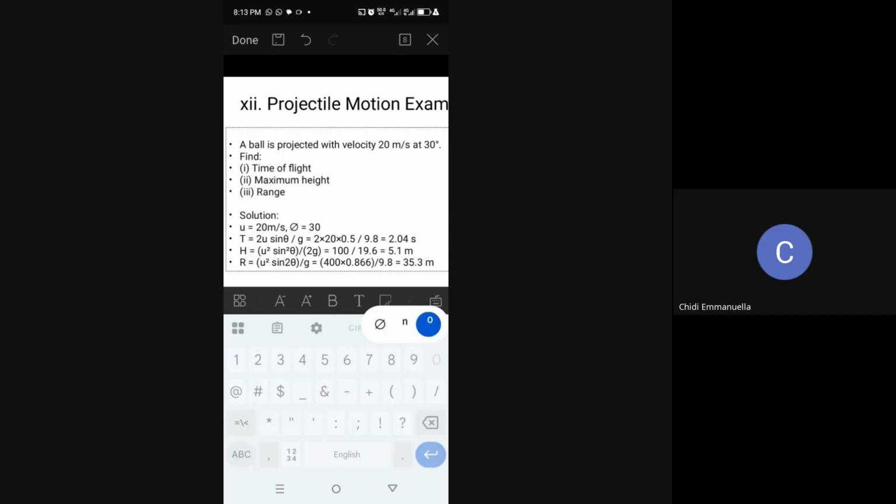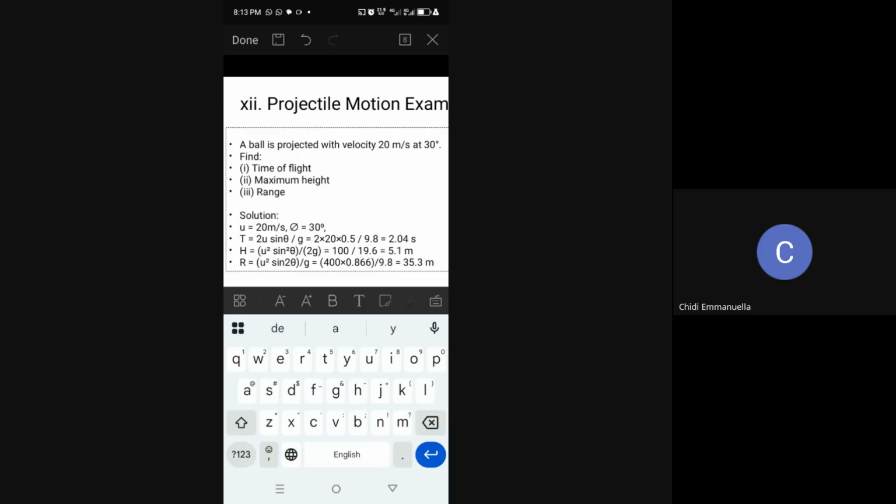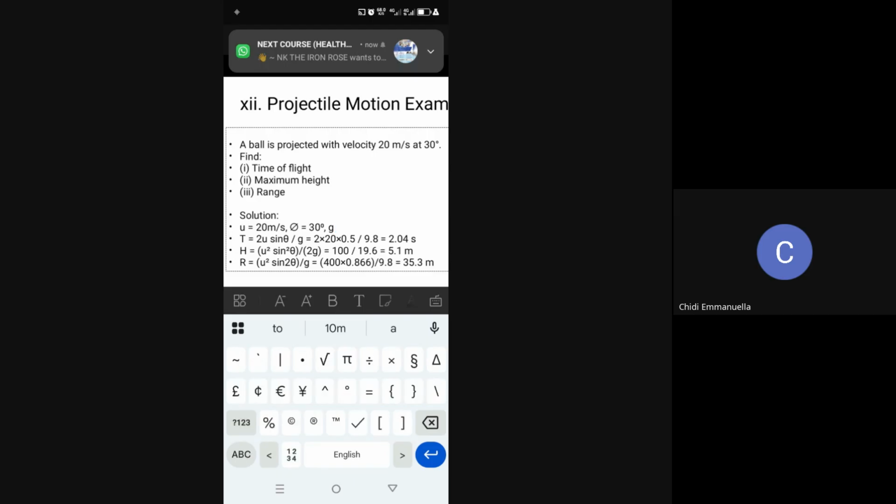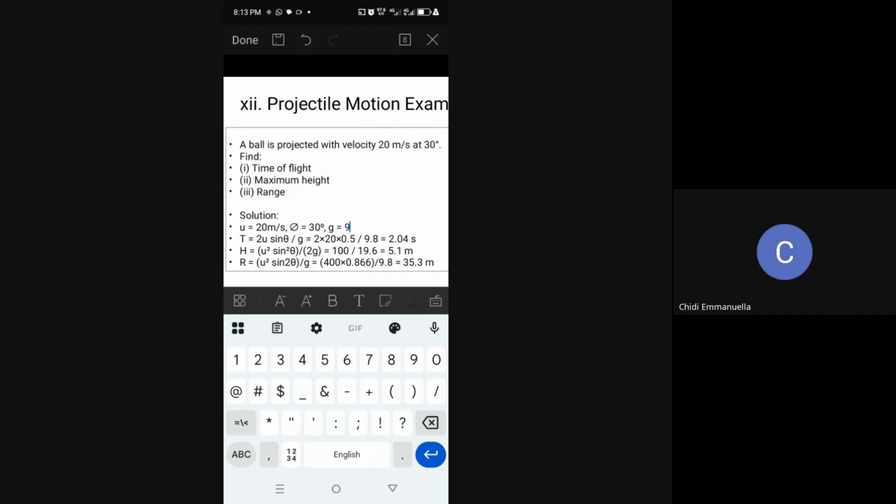The acceleration due to gravity is a constant. In this case you can see that I used 9.8. If the question does not give you a value for acceleration due to gravity, just use 10. It makes it very easy for you to solve.